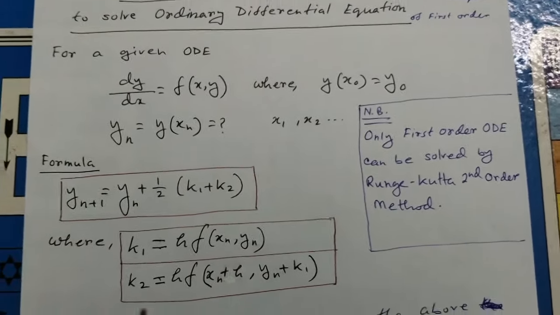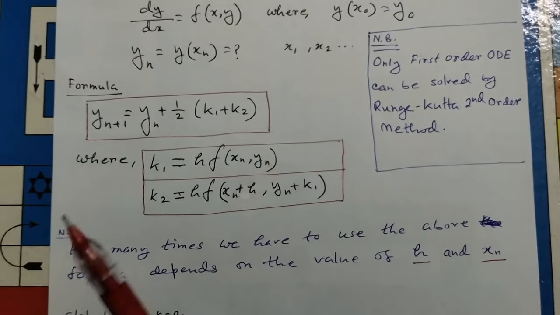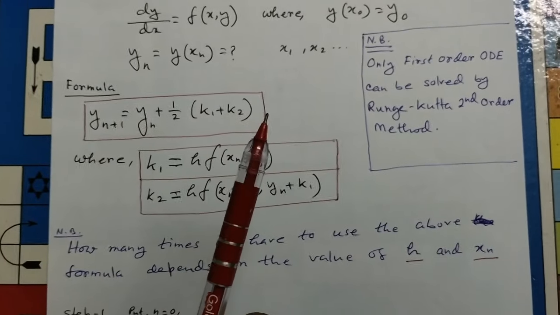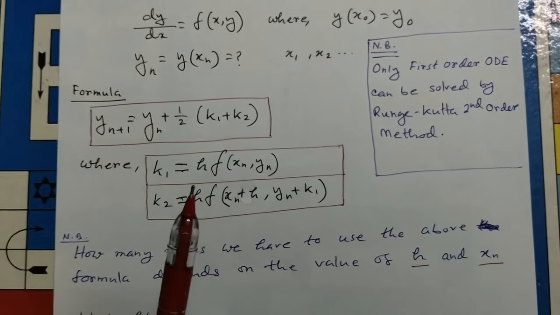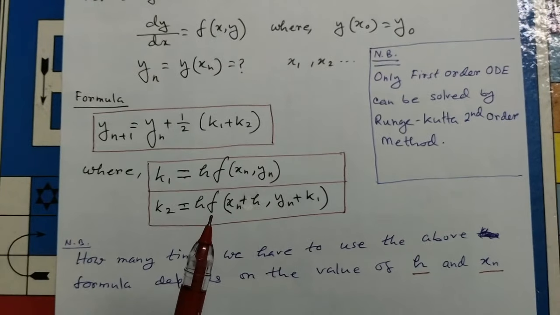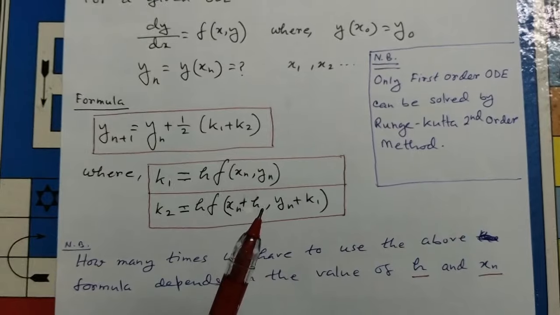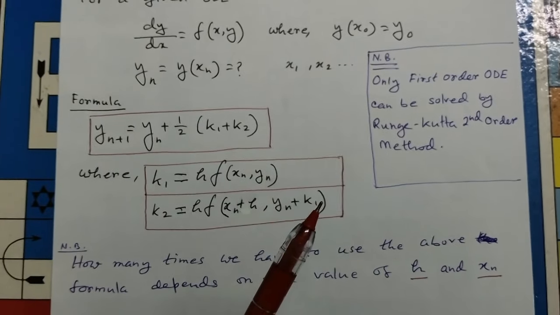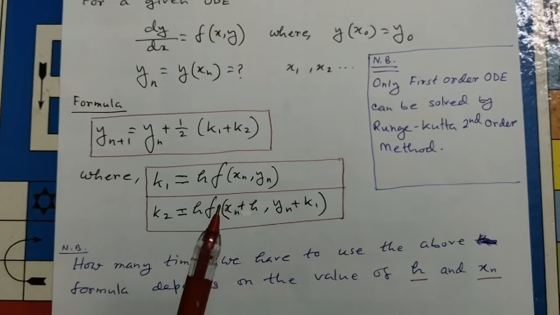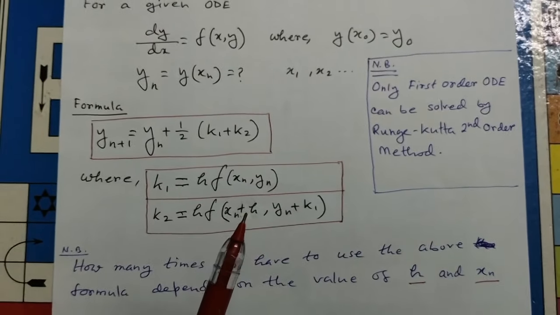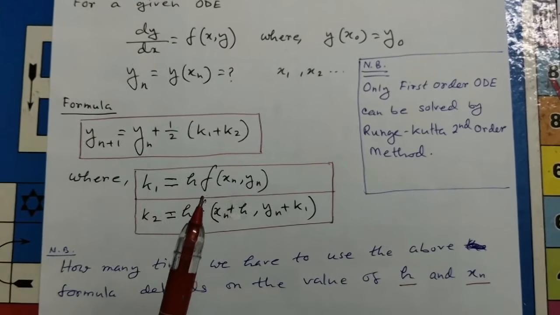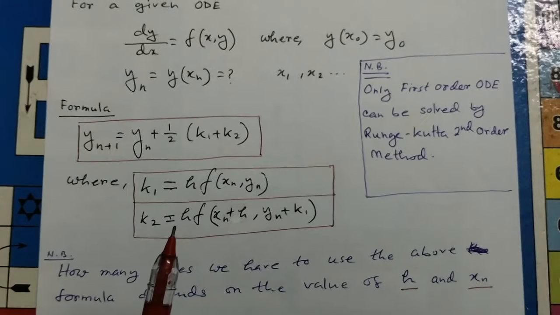The formula given here is y(n+1) equals yn plus half of (k1 plus k2), where k1 equals h f(xn, yn) and k2 equals h f(xn plus h, yn plus k1). See, k2's value is derived from h, xn, yn and k1, so without deriving the value of k1, k2 cannot be derived.